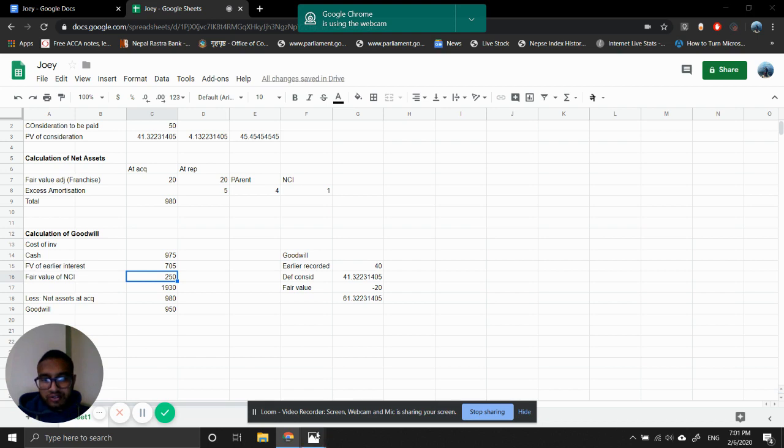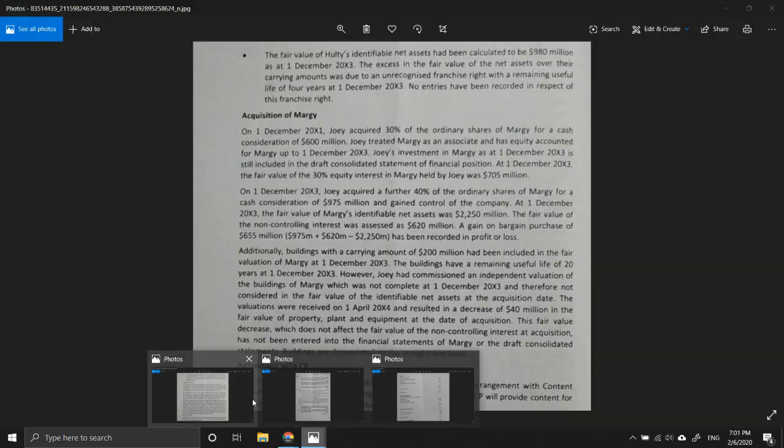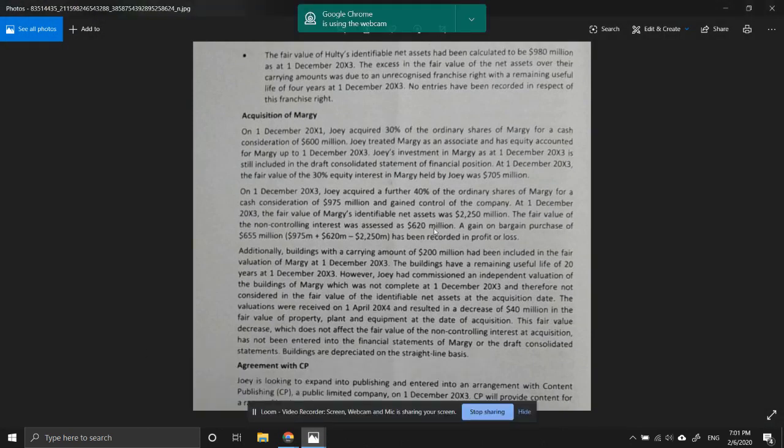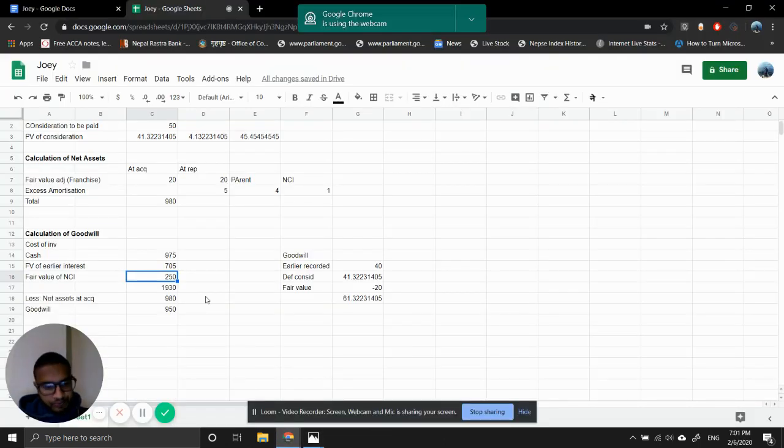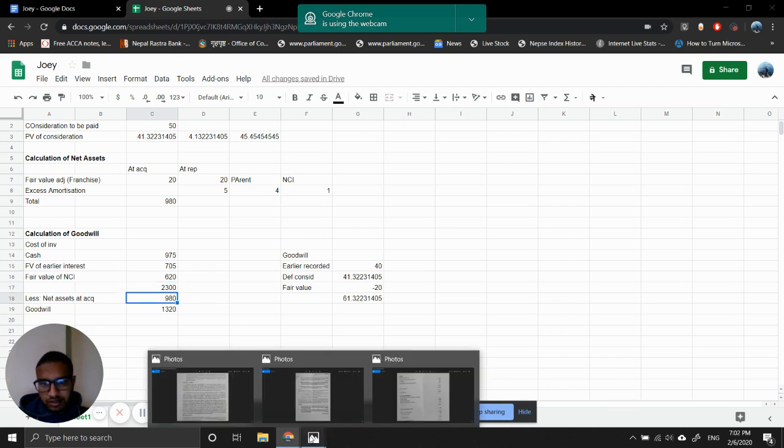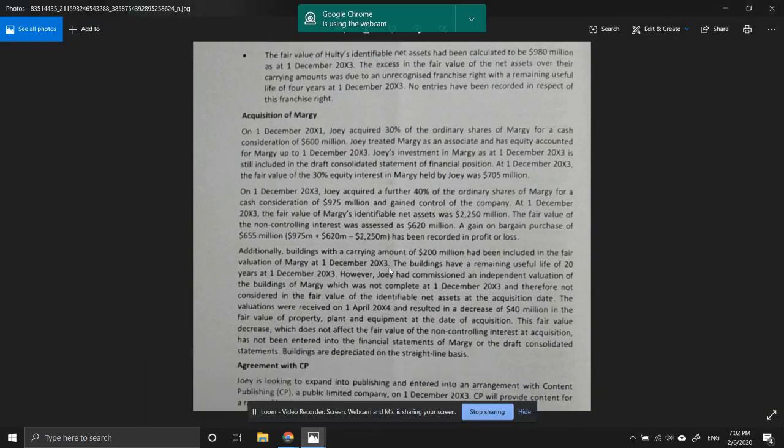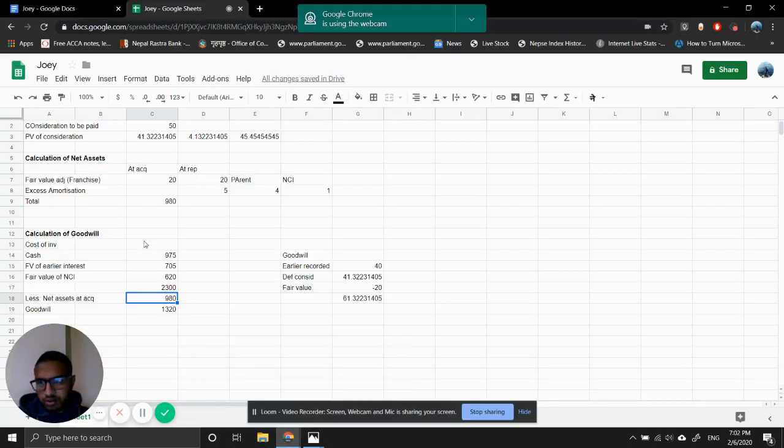Any gains or losses on that will be charged to SOPL. 620 NCI. Okay, what about net assets? What has happened? 2250.